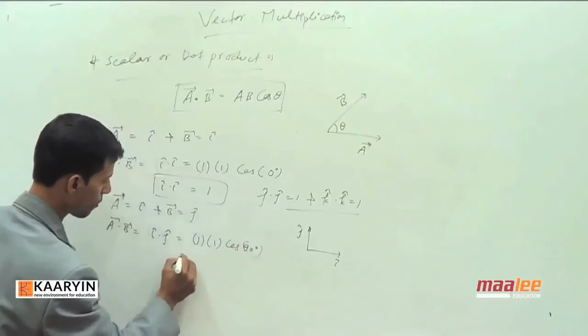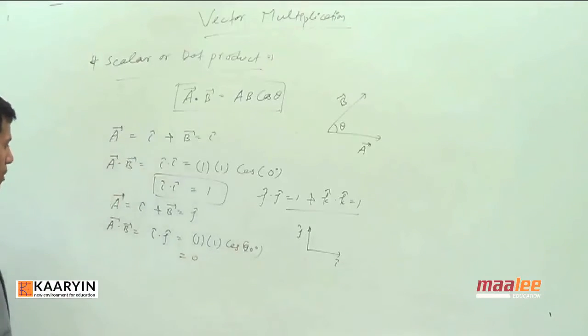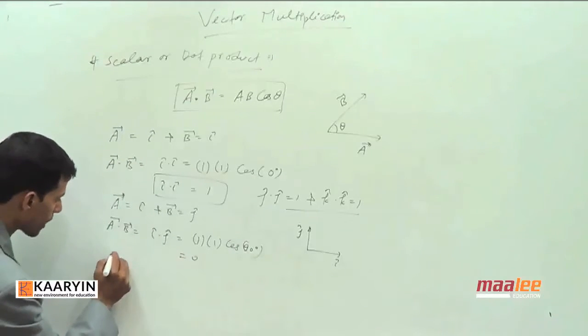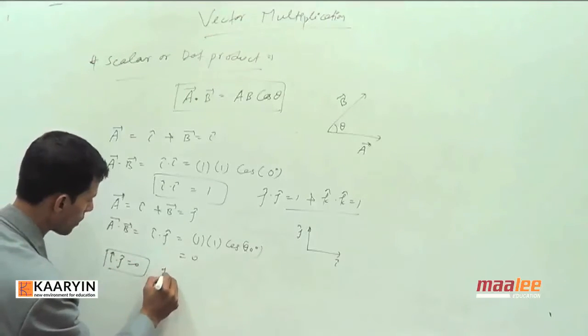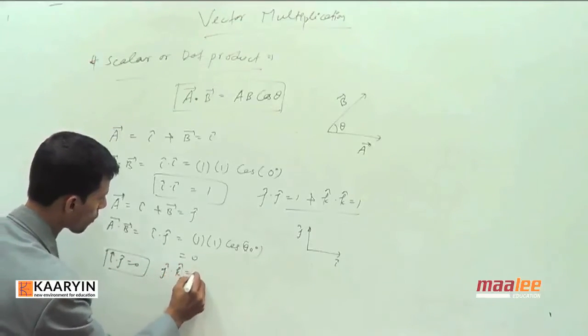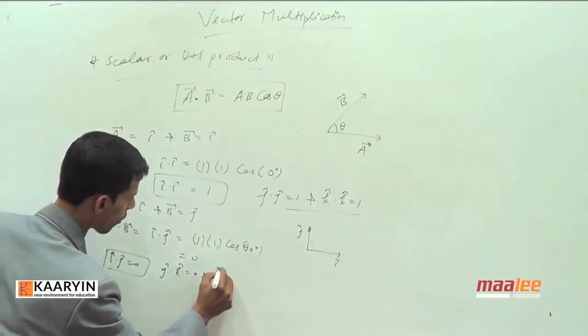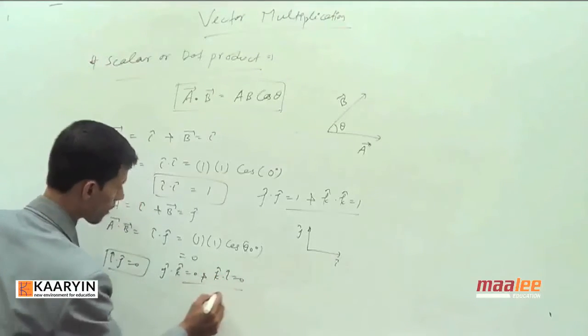Cos 90 is 0, so i dot j equals 0. Similarly, j dot k is also 0 and k dot i is also 0.